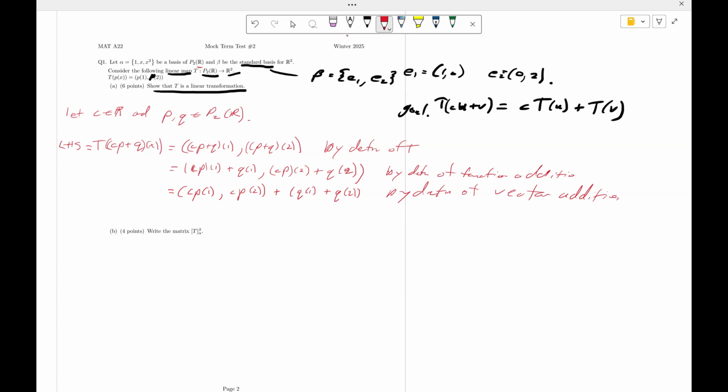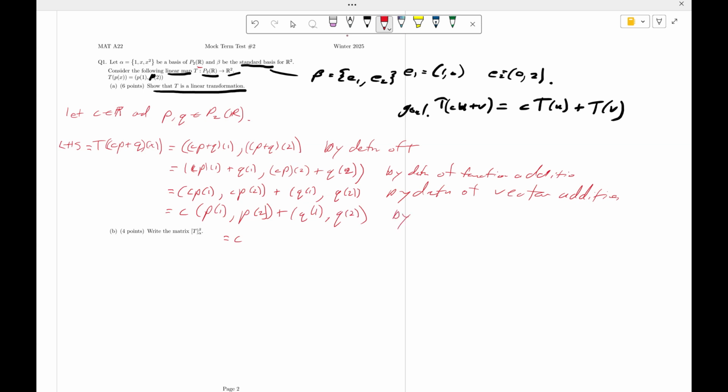Now, it's nice that I have a scalar here. I can factor that out to give me c times (p(1), p(2)) plus (q(1), q(2)). And now here, it might not be as easy to see.